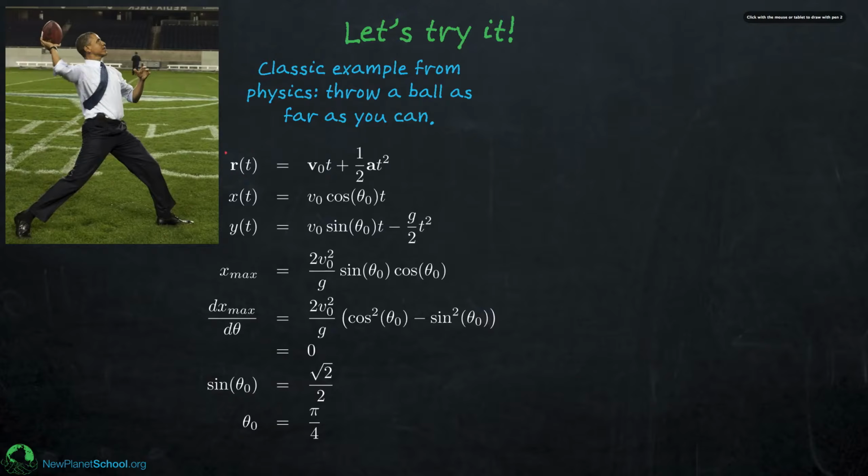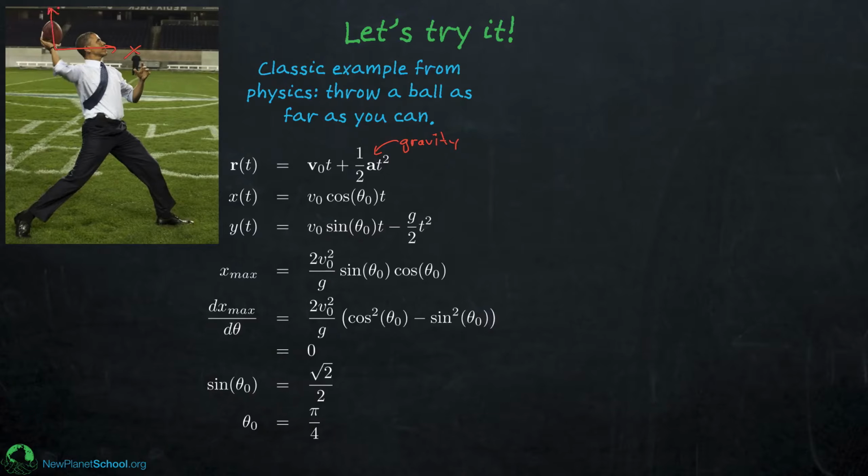So this first equation right here is the equation for the position of the football as a function of time. This is the initial velocity, and this is the acceleration, which in this case is only due to gravity. Now this equation I can break up into the x position, which is in this direction. Sorry, Barack.